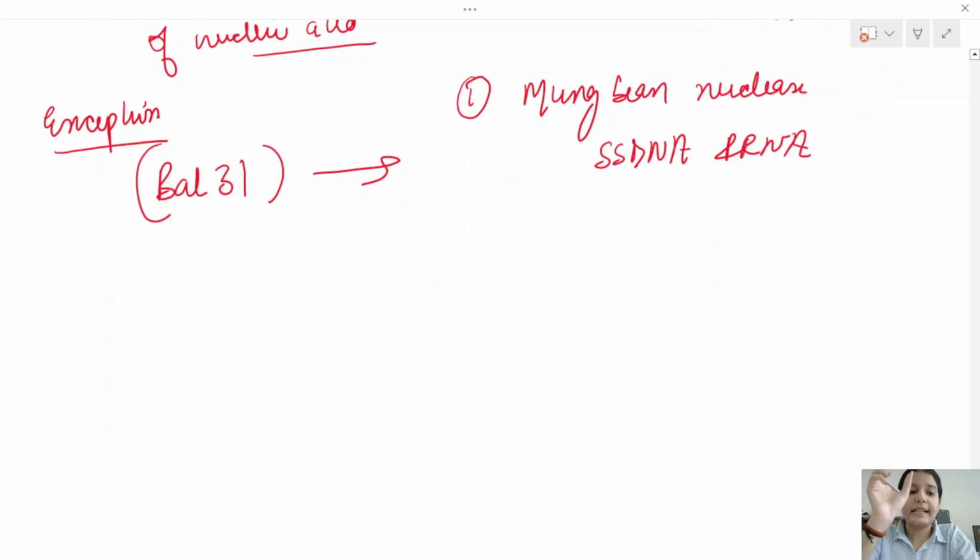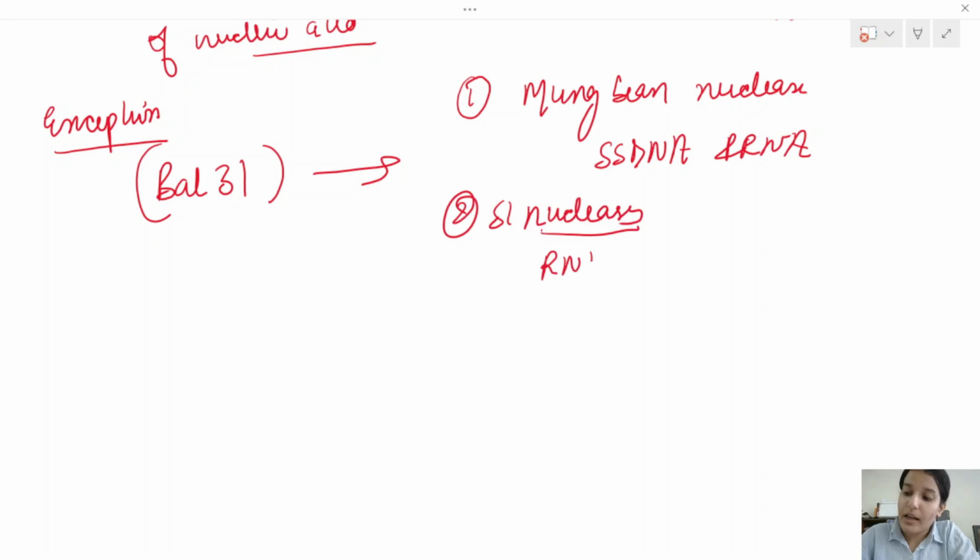It will digest single stranded nucleic acid but leave intact any region that is double stranded. Then here comes S1 nuclease. It degrades RNA and single stranded DNA, but it doesn't degrade double stranded DNA or RNA-DNA hybrids. It will also cleave the opposite strand or nick of the complement.